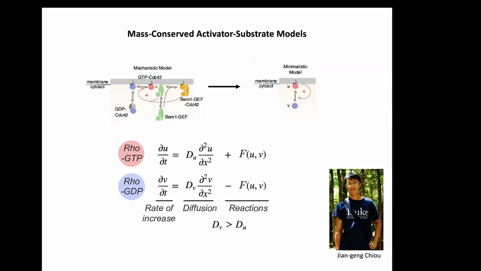And they're called mass-conserved activator-substrate models because there's nothing in here about synthesis and degradation. The reason for that is we've done experiments, for example, where you can shut off synthesis of any of the polarity proteins. And the cells are actually fine for a few generations until they dilute out what they started with.